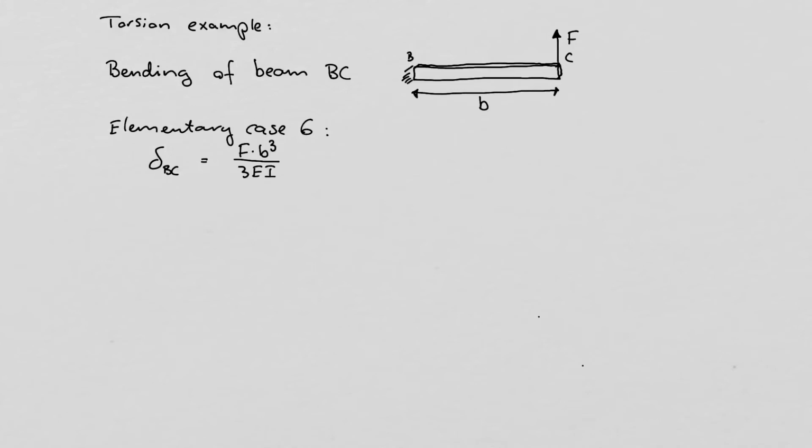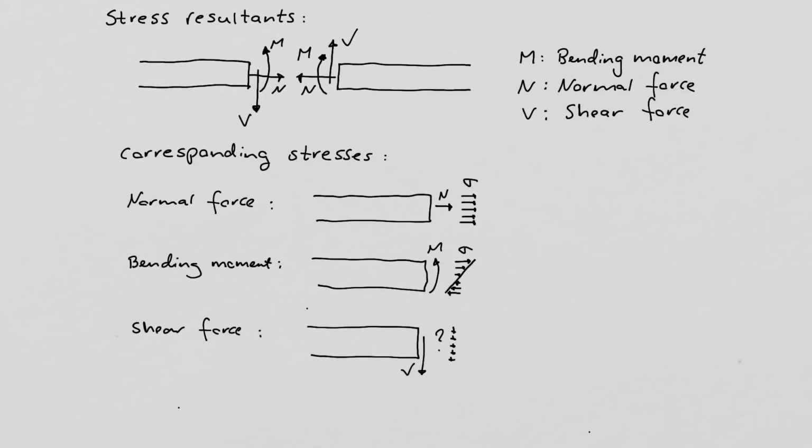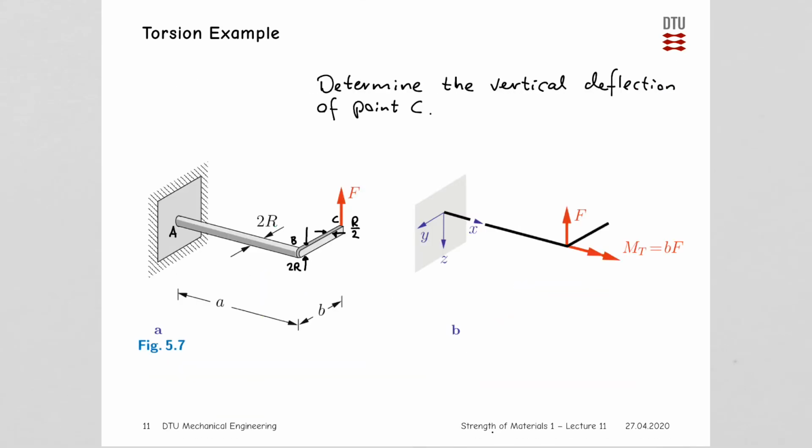Now, of course, we need to find the bending stiffness of the handle. And as we see, let's go back a little bit, the height is denoted 2r. It's the same height as the diameter of the circular rod from A to B. And then we have specified that the width, or the in-depth width, is r divided by 2.